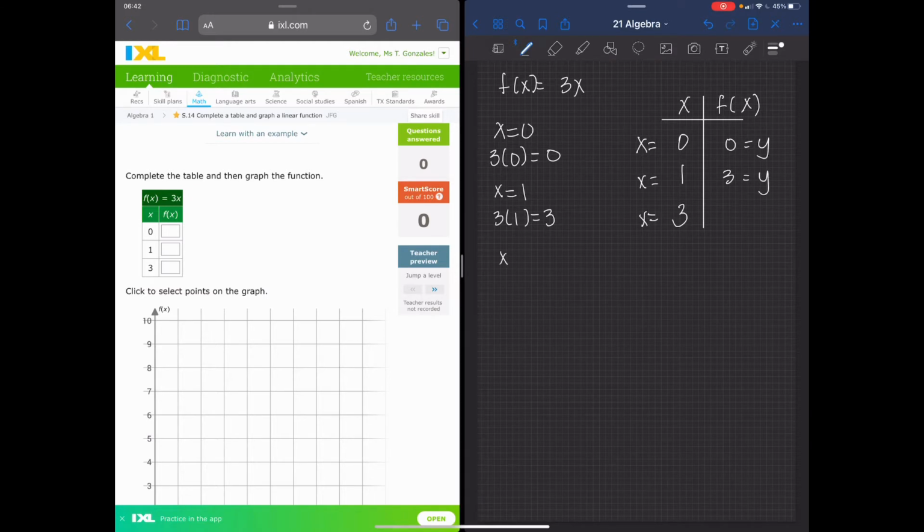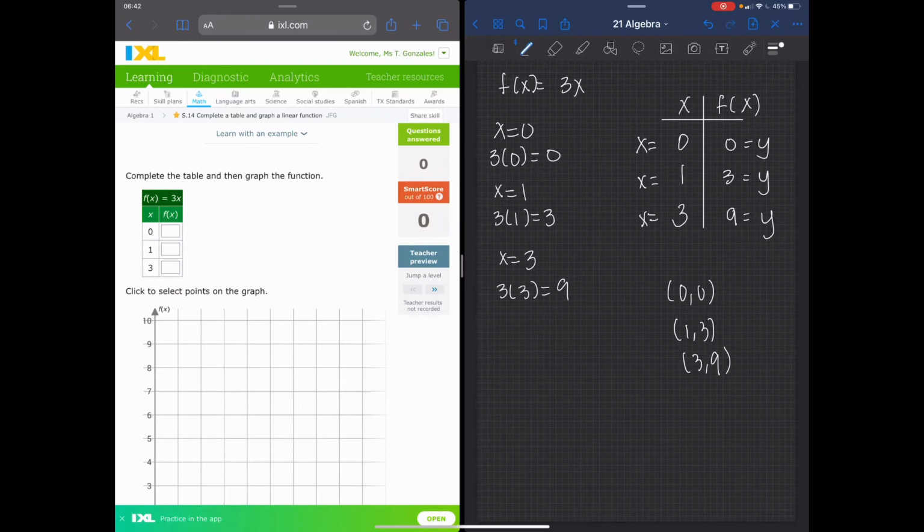And where x equals 3, 3 times 3 equals 9. So that means that x equals 3 and y equals 9. So that means I have the ordered pairs 0, 0, 1, 3, and 3, 9.